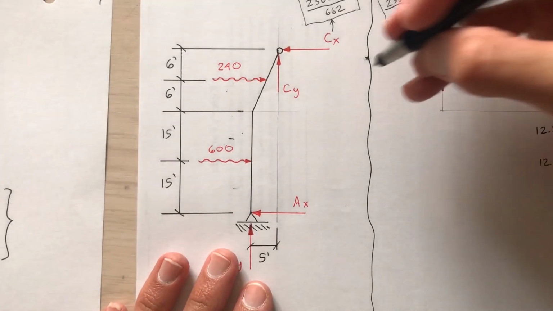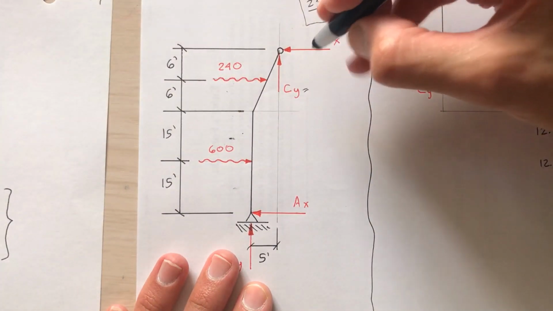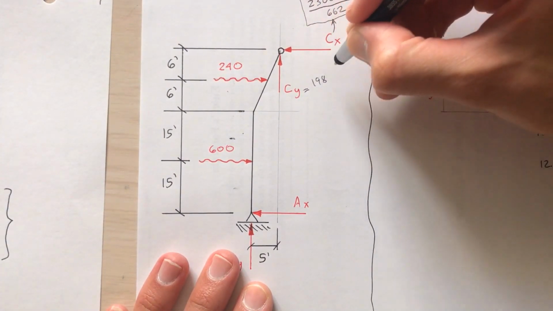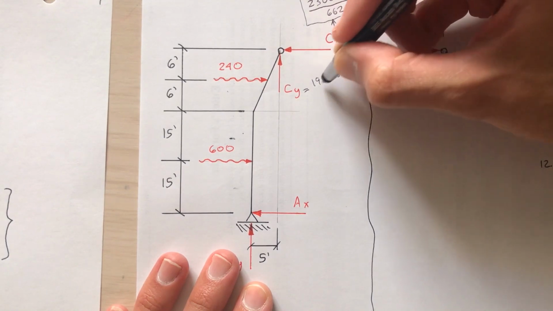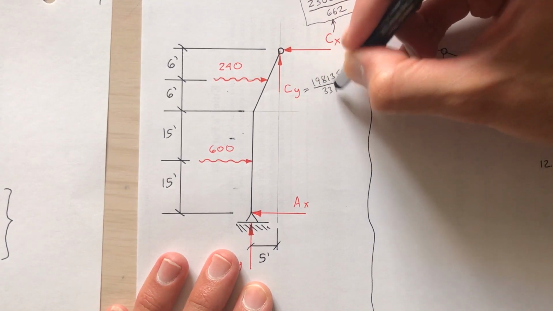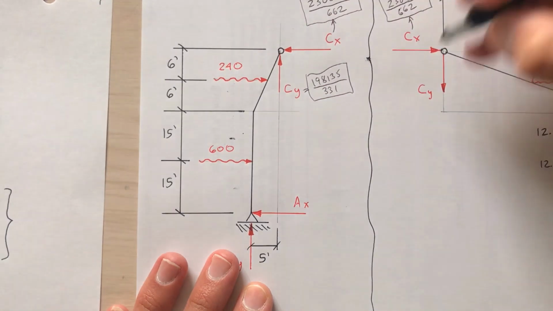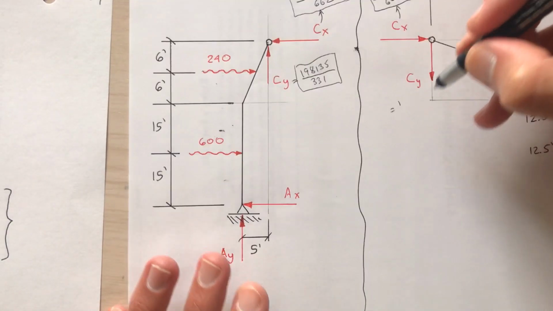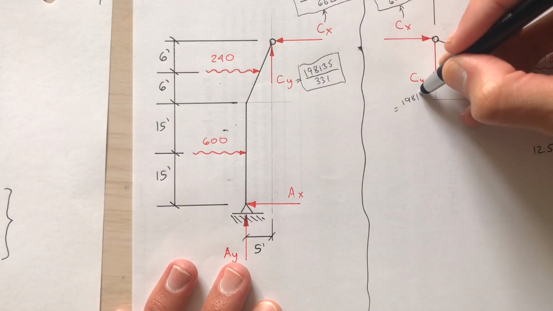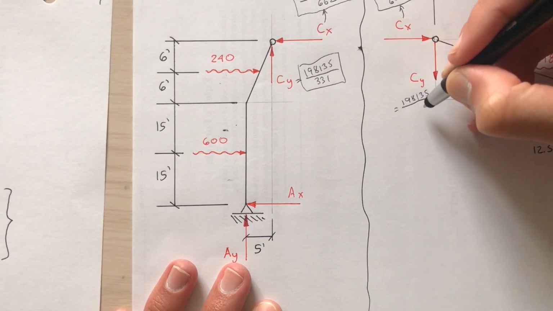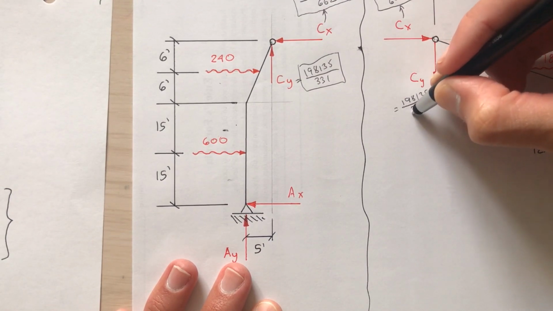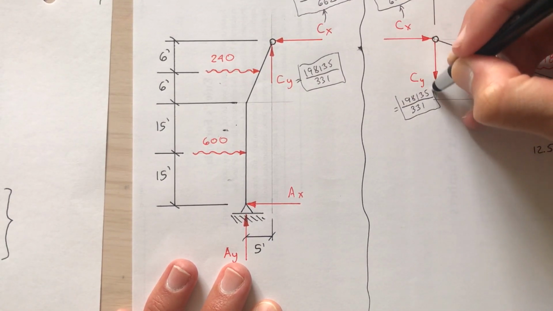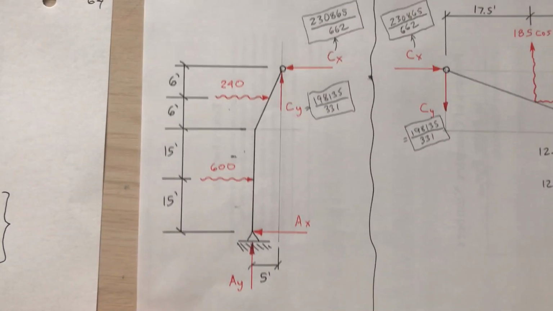Same thing with the C sub y. So C sub y, what is that? 198,135 divided by 331. Same thing over here. Okay, equal and opposite.